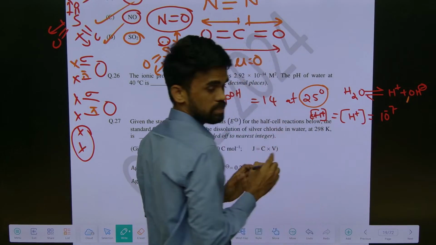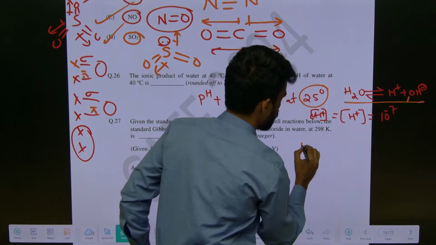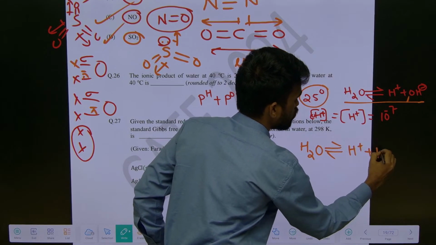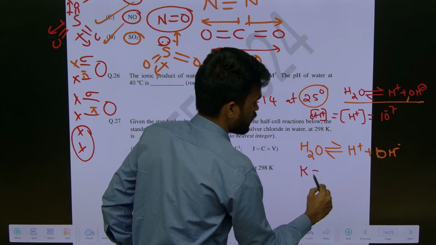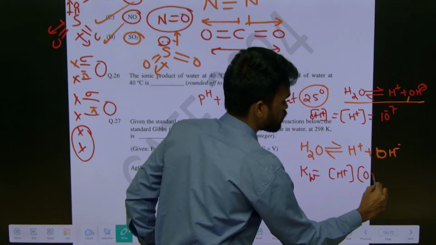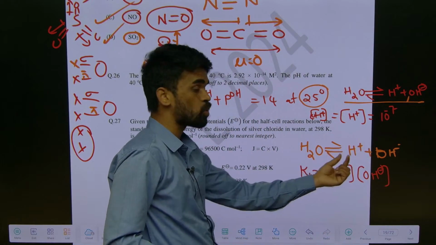25 degrees Celsius. Now if I ask for the dissociation constant of this water, how do you write it? Concentration of H plus into concentration of OH minus. This is the dissociation constant, the ionic product of water.